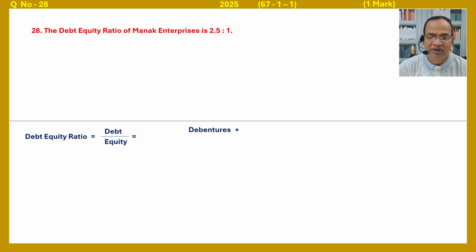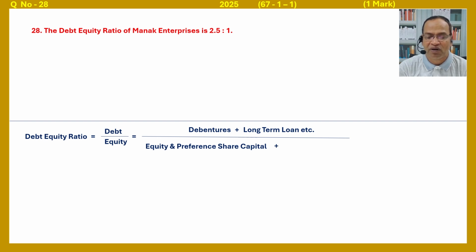Debt equals debenture plus long-term loan. Equity equals equity and preference share capital plus reserve and surplus. This equals 2.5/1.